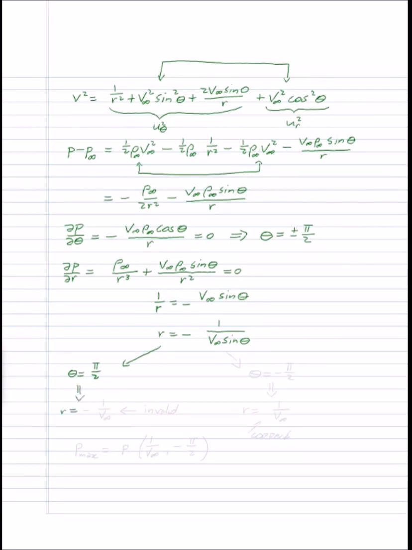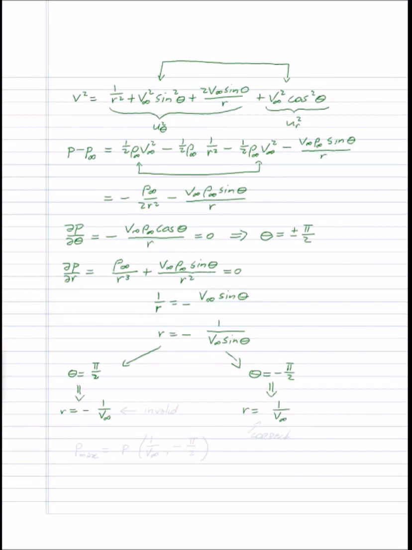R is actually going to be minus 1 divided by v infinity. The other alternative is theta is equal to minus pi over 2. And if we do that, we're going to get R is equal to 1 divided by V infinity.